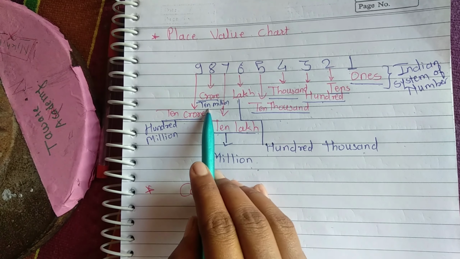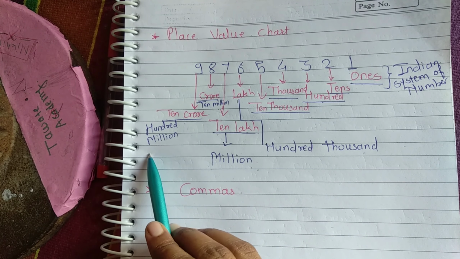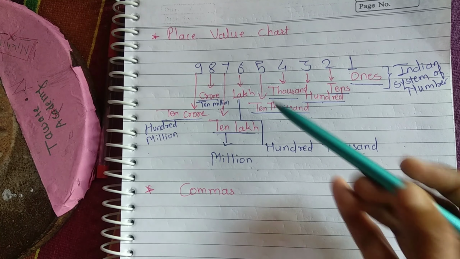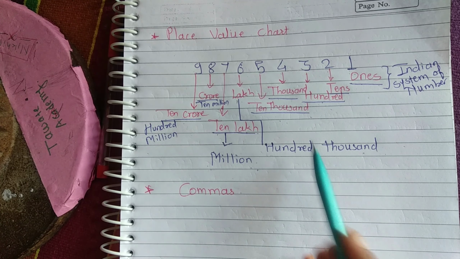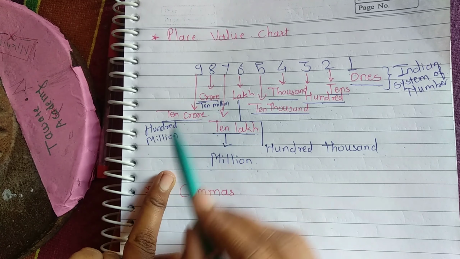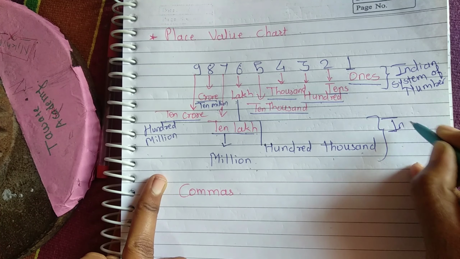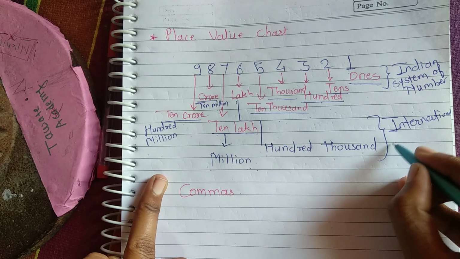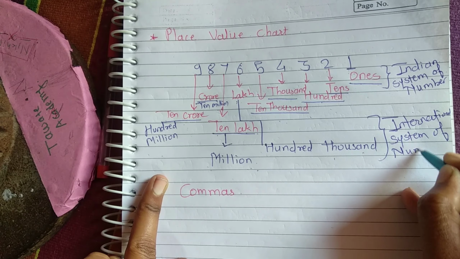Crore is read as 10 million, and 10 crore is read as 100 million. Don't confuse here, student. Lakh is read as 100,000, and after 100,000 comes million, 10 million and 100 million. This is our international system of numbers.